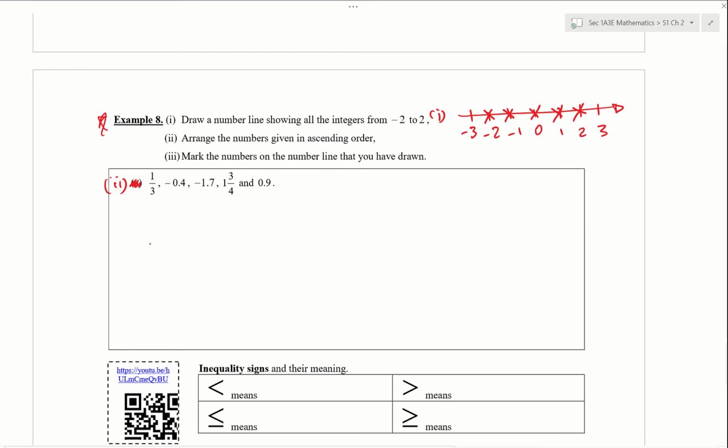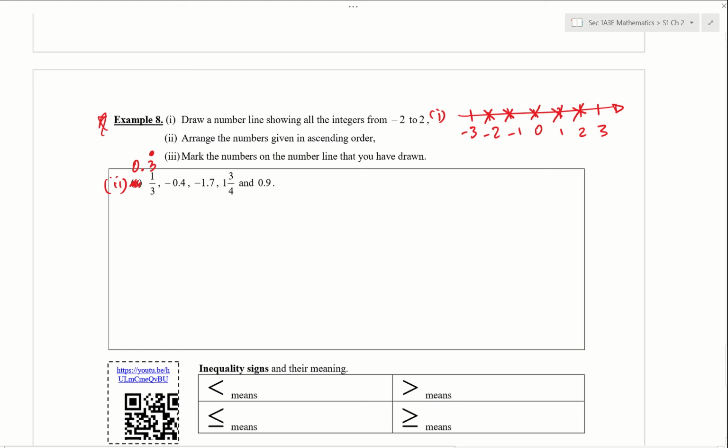Okay, calculator, please take it out. 1 over 3. Do you know how to key in a fraction into your calculator? Okay, 1 over 3, what does your calculator say? 0.33333, many threes, right? So one way to indicate that will be a dot on top of the 3 to say that it is recurring.